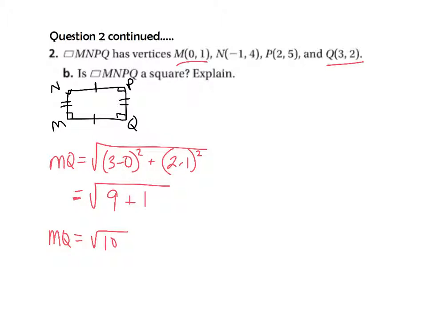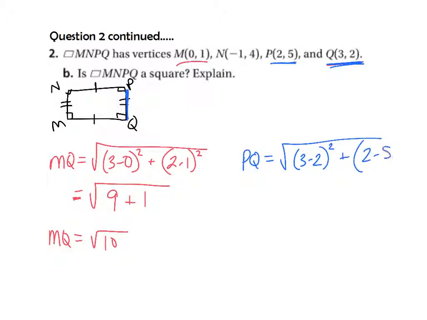Now let's check it and see if PQ is also root 10. If PQ is also the square root of 10, then I'll have myself a square here. All right, so P and Q. X minus X. 3 minus 2 squared, plus, do the same thing with the y's. 2 minus 5 squared.